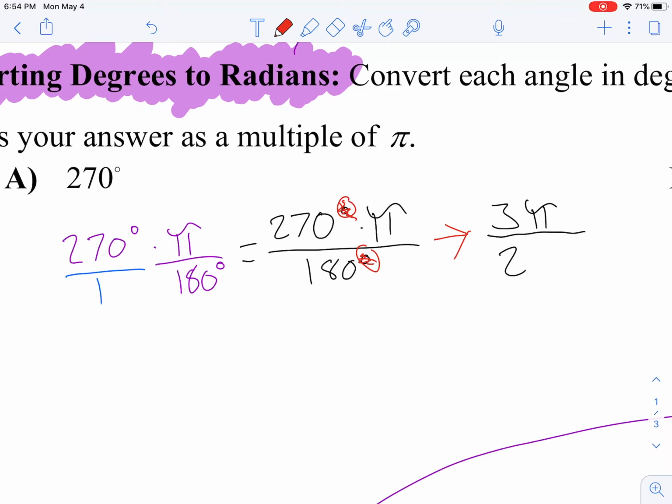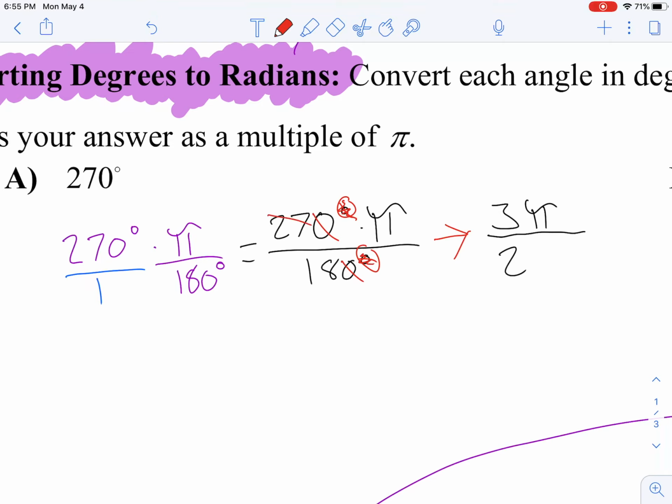They're gone. And then if you take a look at 270 over 180, one of the ways that we can think about this is our zeros cancel out. So if those zeros cancel out, then I'm working with 27 over 18. That's a little bit easier numbers to work with to reduce. And the number that goes into both 27 and 18 is 9.